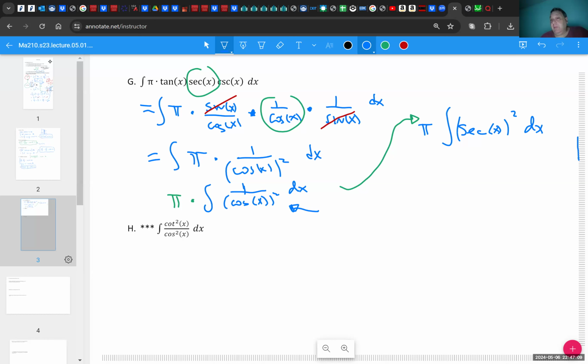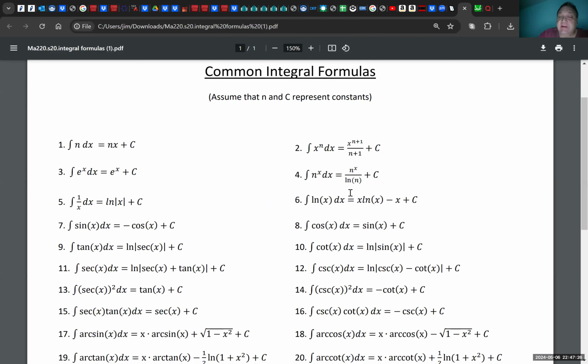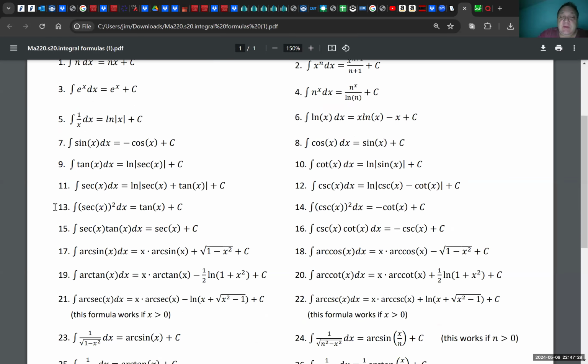And for many folks, this will look like it's not getting better at all. Secant is much more complicated than cosine, at least in most people's opinions. However, remember, we are trying to match up with our formula sheet, and lo and behold, there is a formula for secant x squared.